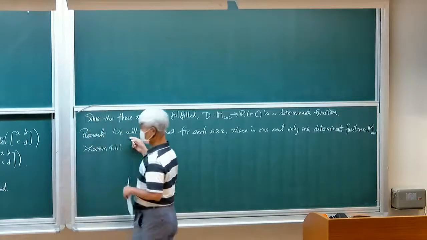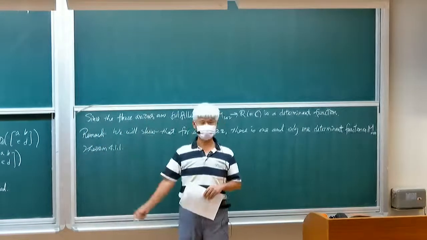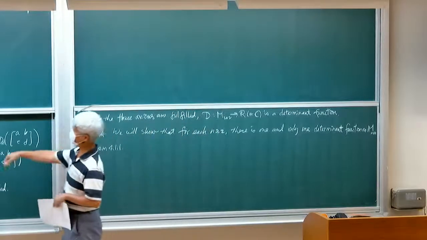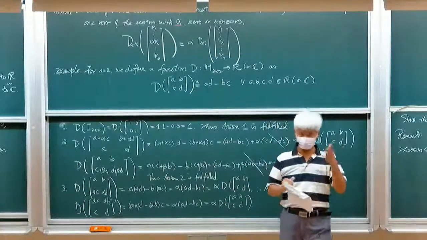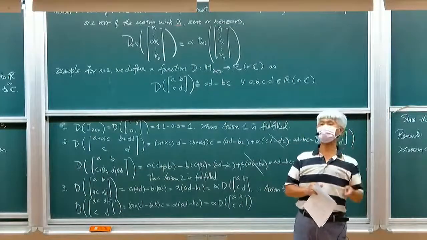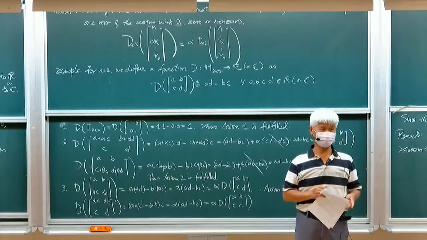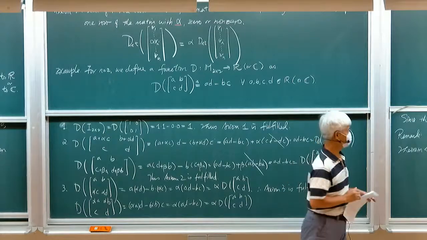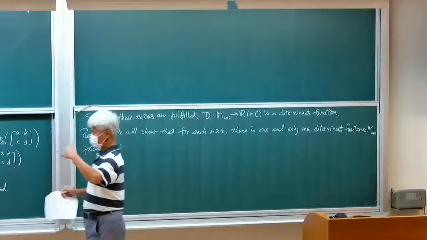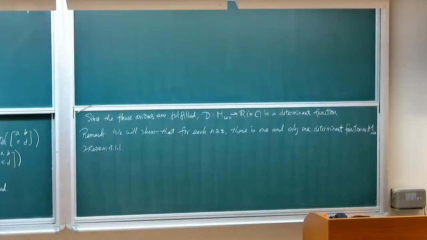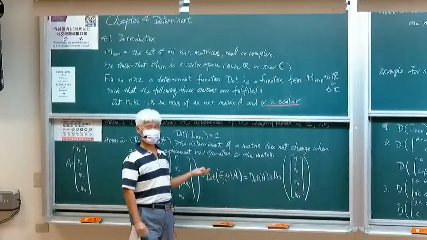Okay, but we are still far away from the goal because here we just have the result that we can find one determinant function on 2 by 2 matrices. Okay. Now we will assume that if we have a determinant function, what can we do?